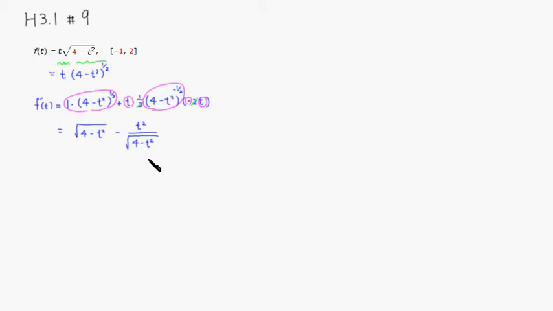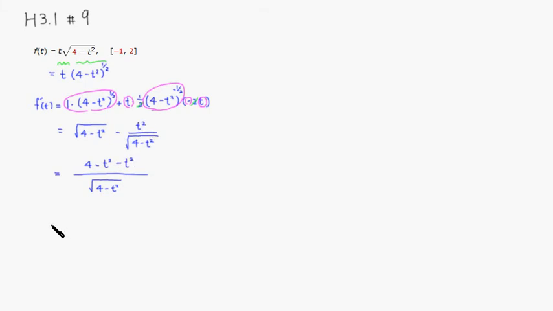Then the next step would be to put them together. Take the common denominator, 4 minus t squared. So we have to multiply the square root of 4 minus t squared by itself. You're going to get 4 minus t squared, and then you subtract the t squared.